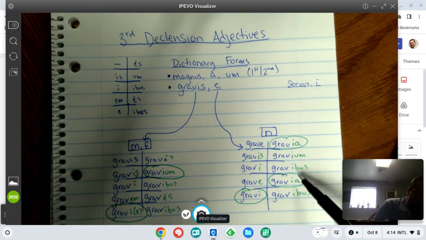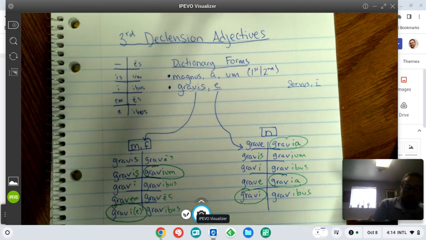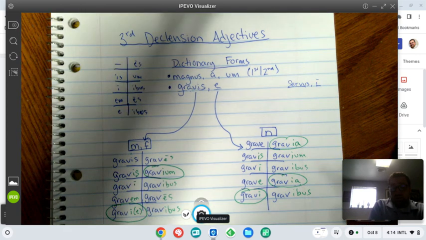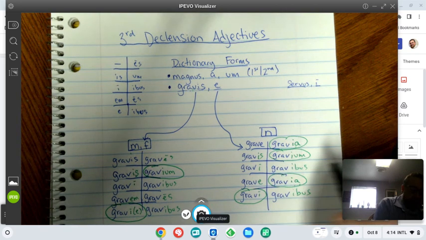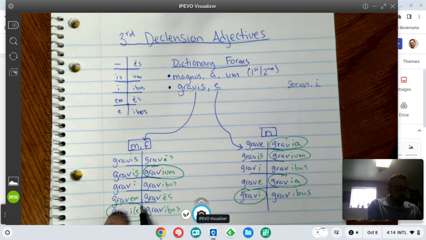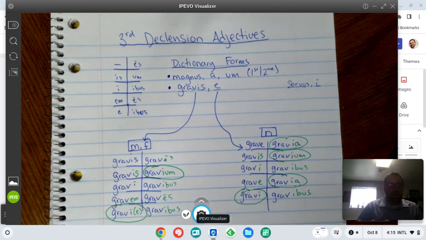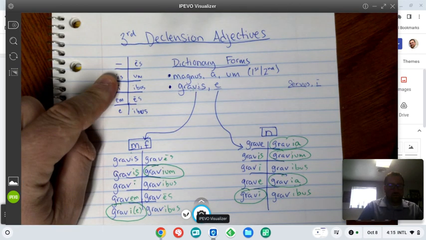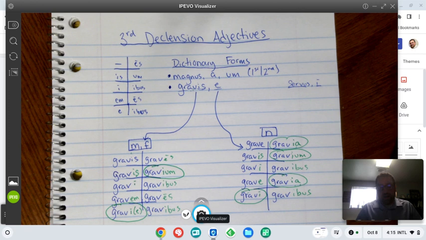It's not new that they end in A and that they're the same, but it is new that they're IA. And then we have our gravium again. So look at all of these little differences. That's kind of a lot.